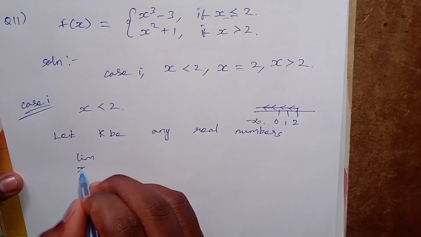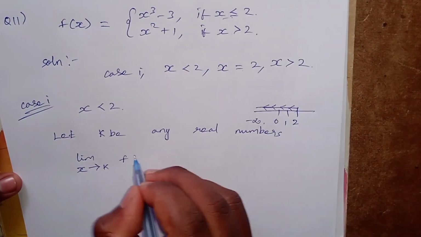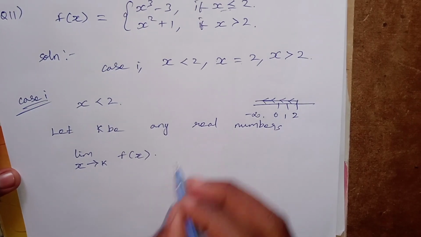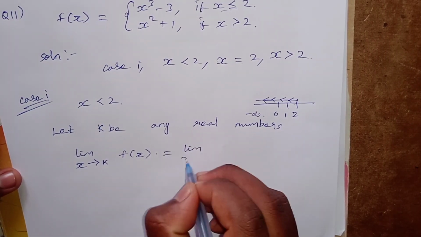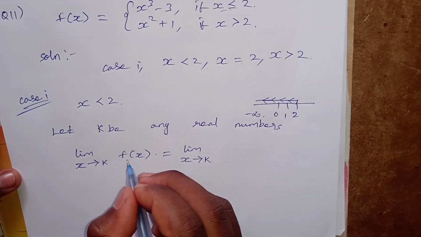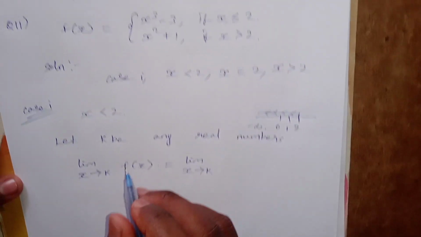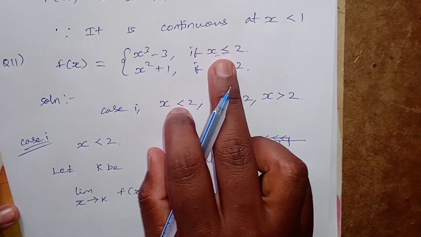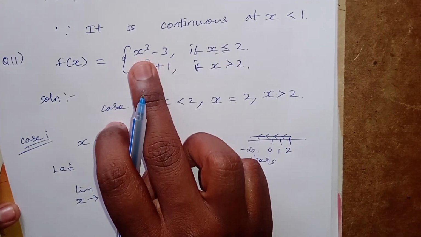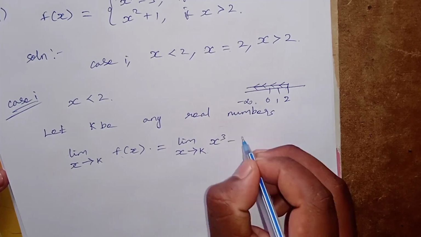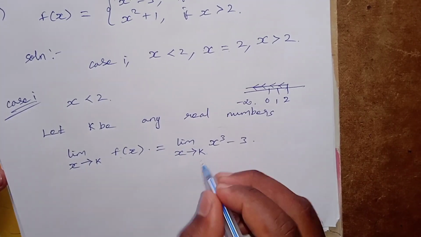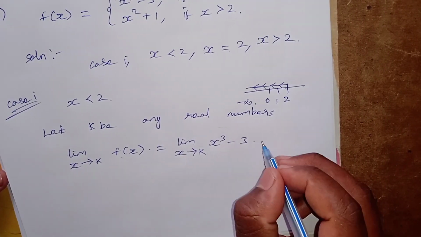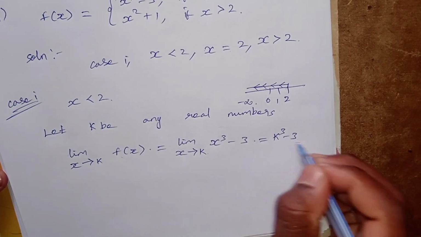Limit x tends to k f of x equal to limit x tends to k. Here my function f of x less than 2, you have to check. Here less than 2 is x cube minus 3, therefore x cube minus 3. In the place of x you have to substitute k, k cube minus 3.